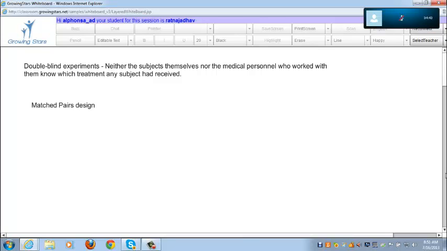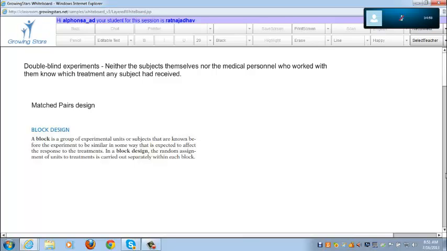Then we have the block design. A block is a group of experimental units or subjects that are known before the experiment to be similar in some way that is expected to affect the response to the treatments.